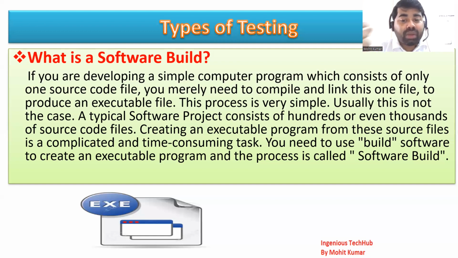Creating an executable program from these source files is complicated and time consuming. So you need to use build software to create an executable program, and that process is called a software build.